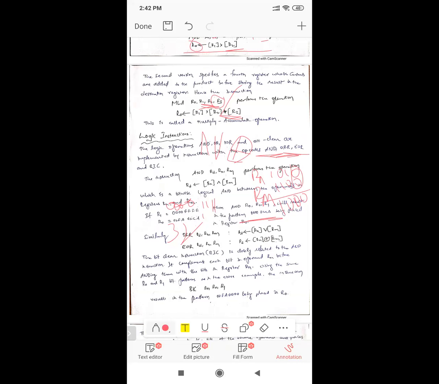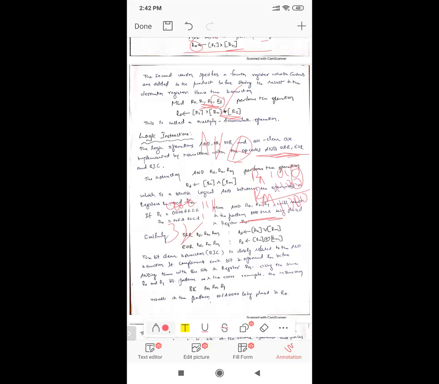It complements each bit of the operand Rm before ANDing them with the bits in register Rn. It complements all the bits in the Rm register before it gets ANDed with Rn.